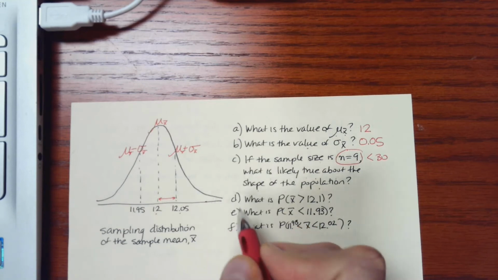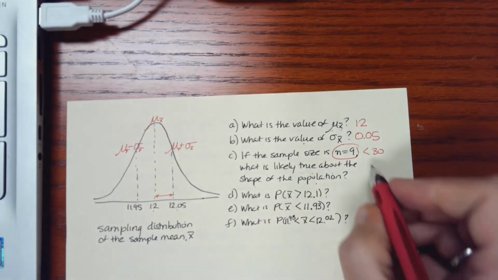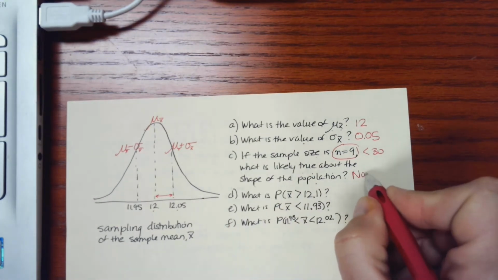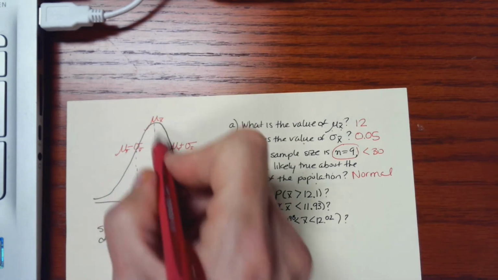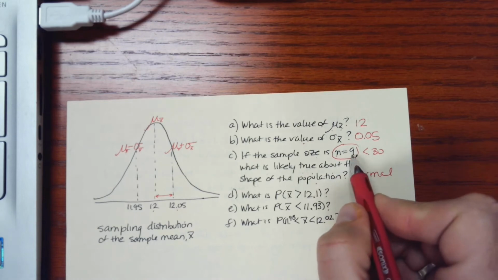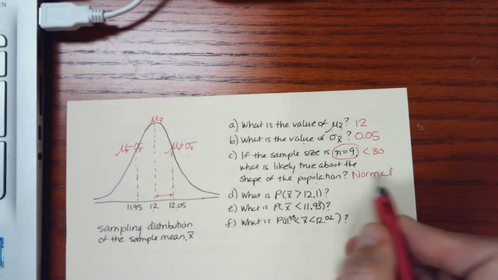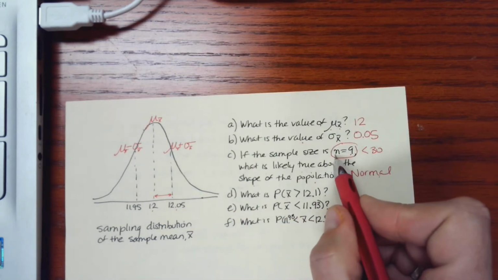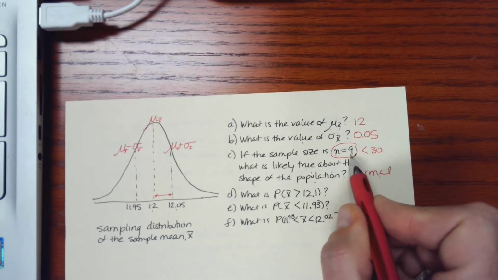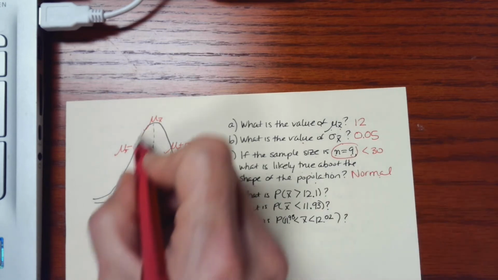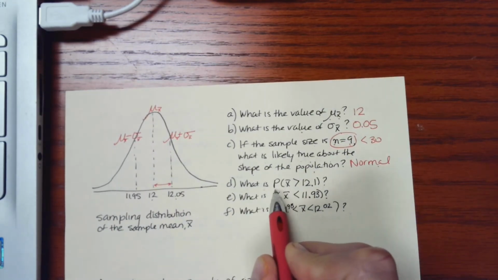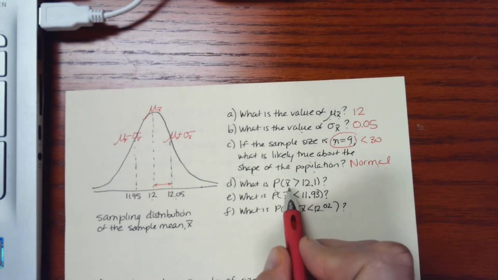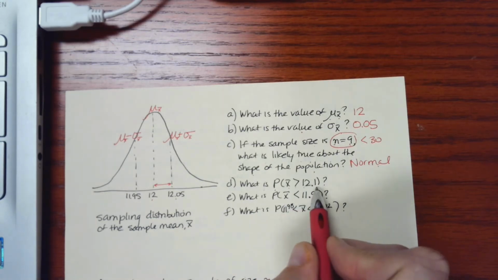Now, what that likely means is that the population is normal, and that's why we're still getting this nice normal distribution even though the sample size is small. If the population were not normal, with this small of a sample, we probably would not get a nice bell-shaped distribution.